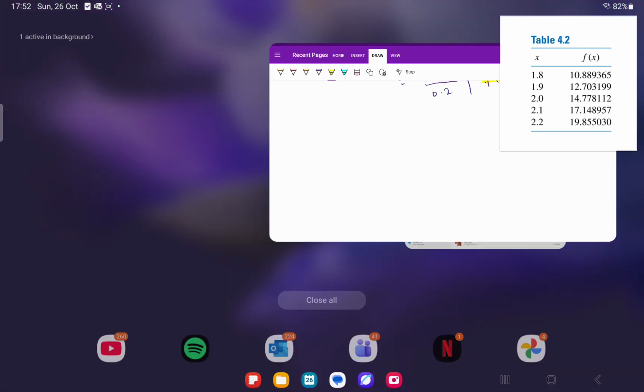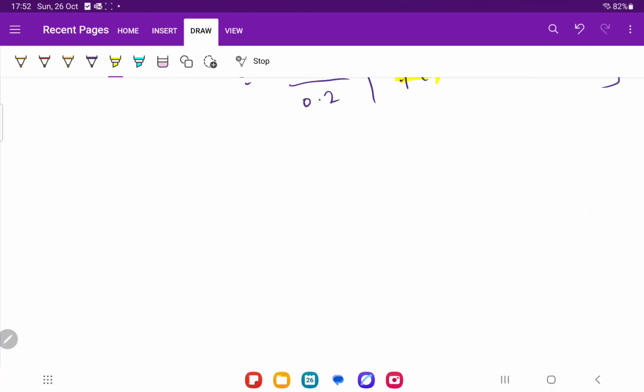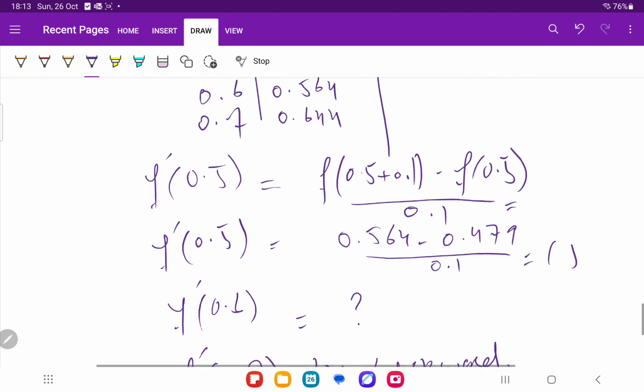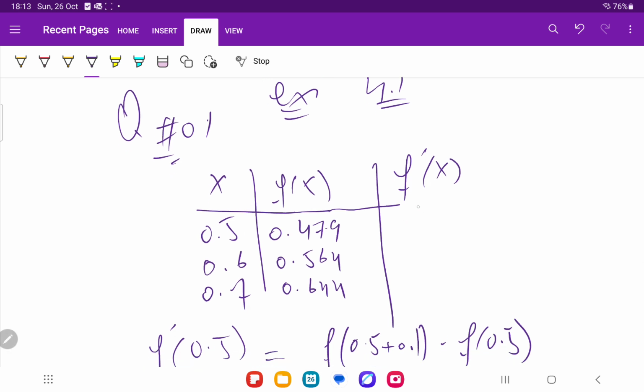Now I'm going to give you a question so that you can try all these 5 formulas. Try to generate at least one number using each formula. Now I have started the recording. For the first question, you need to fill out the third column, which is these 3 values.